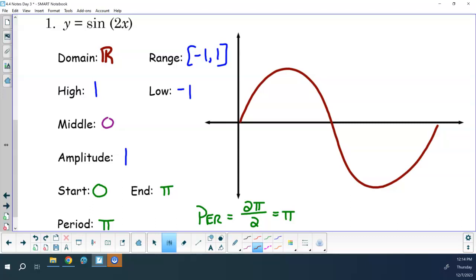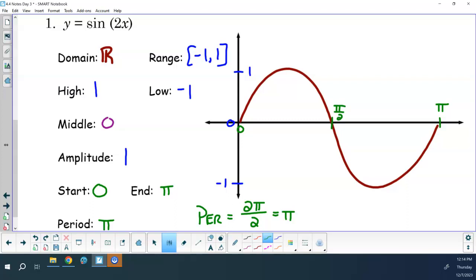Do our vertical ones first. Maximum, middle, minimum. Horizontally, starts at 0, ends now at pi. The average of 0 and pi, pi over 2.